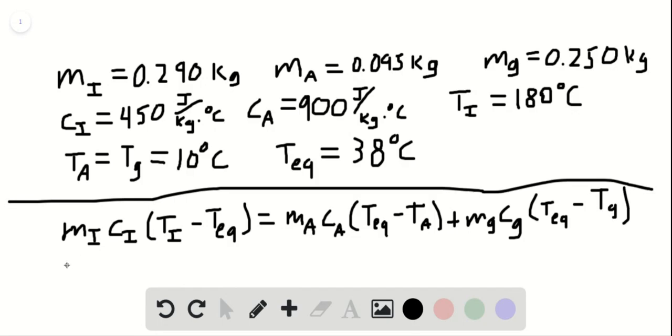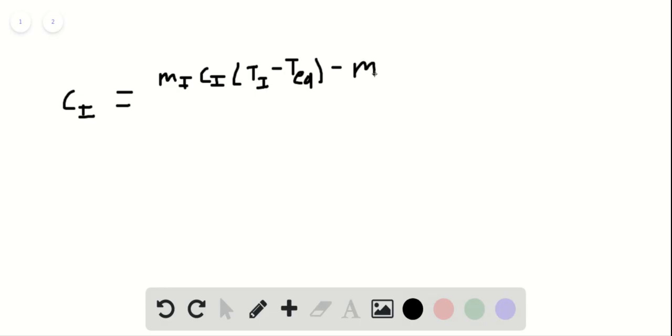Okay, solving this equation for the specific heat of the glycerin, we find that this is equal to, actually, let's go ahead and do this on the next page so we have enough room, what we have originally on the left side of the equation, which was M sub I C sub I times the drop in temperature of iron, so T iron minus T equilibrium, because it's the drop in temperature of the iron, and then minus part of what we had on the right side of the equation.